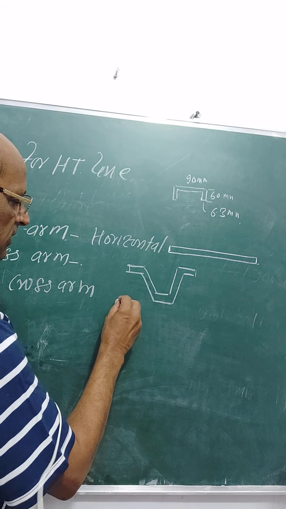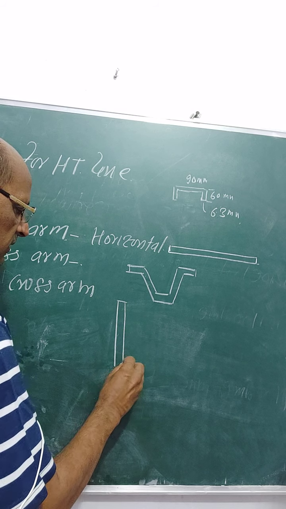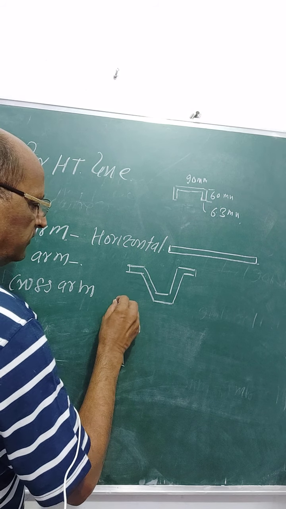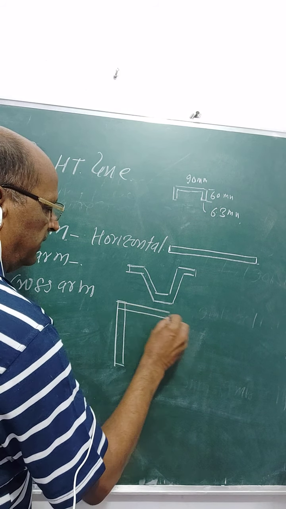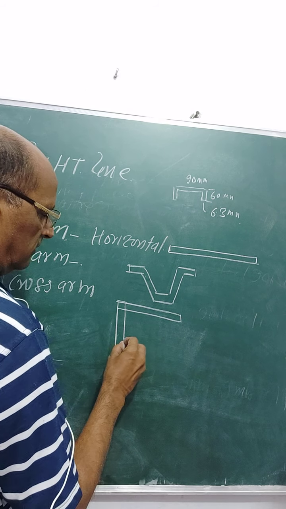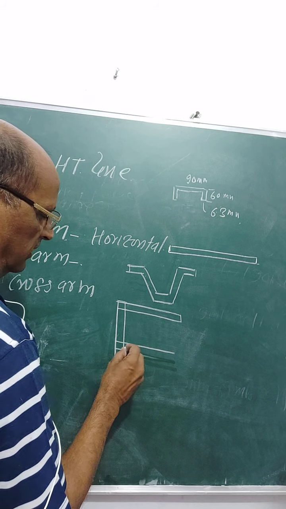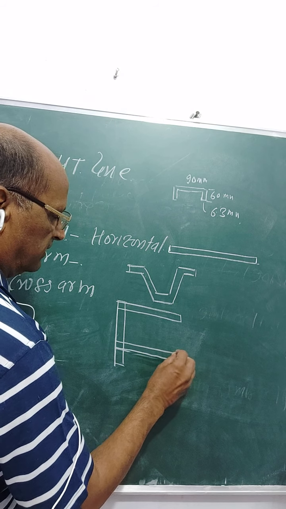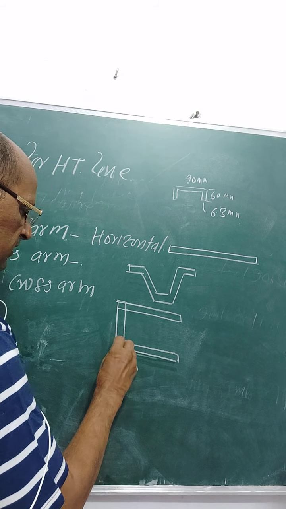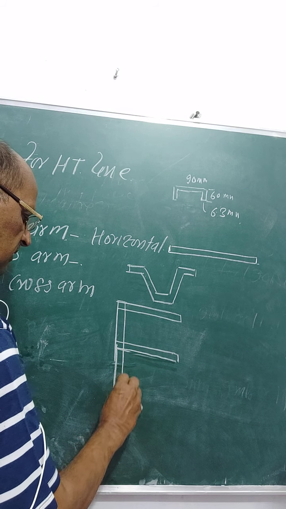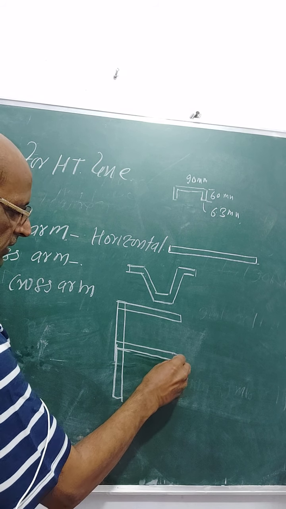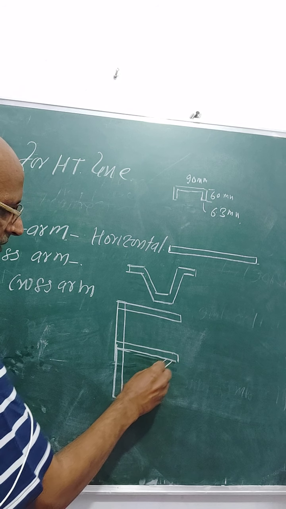Bracket cross arm is of angle iron, and this is for double circuit line, which is to be installed in the city area when there is a congested area. We cannot run 2-3 lines, so we can use this bracket cross arm.